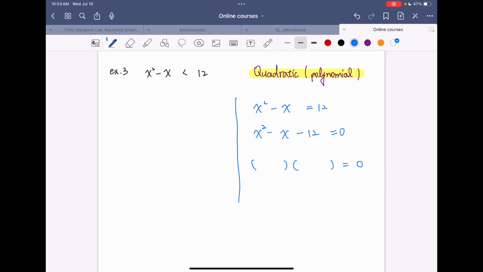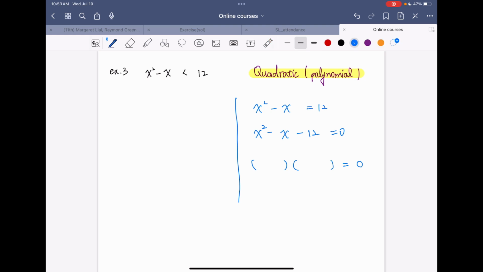Here we want two numbers that multiply each other to give minus 12. So one of them will be positive and one will be negative, because the product is a negative number. Their sum will be minus 1.